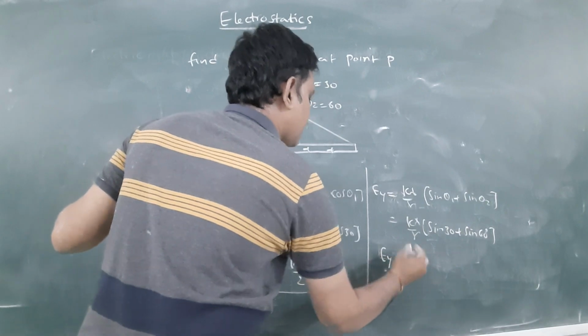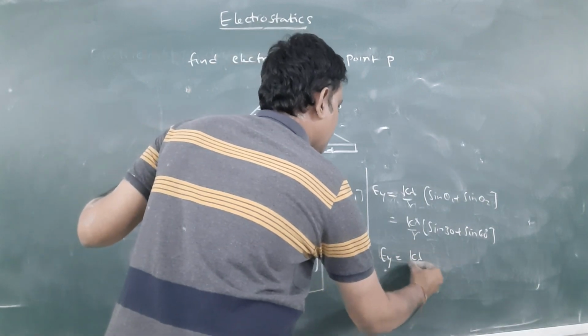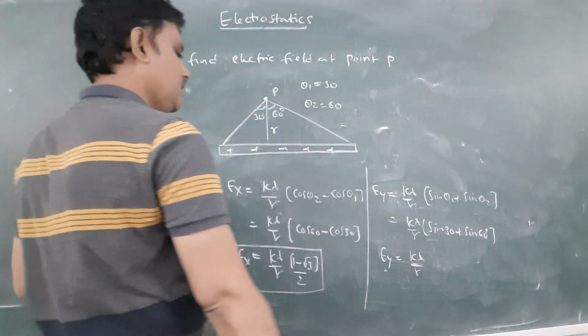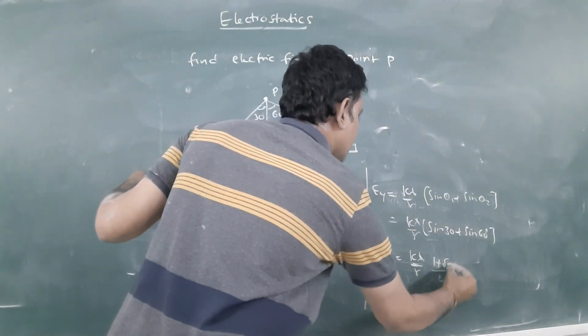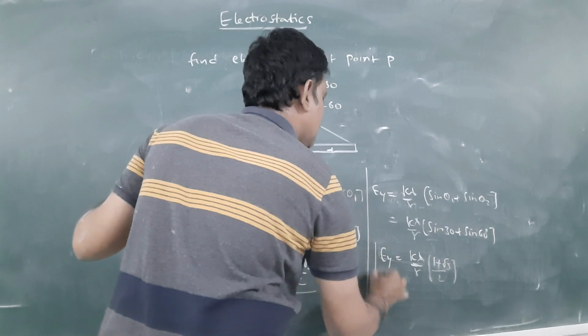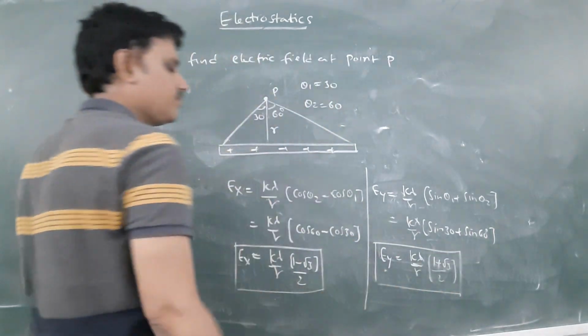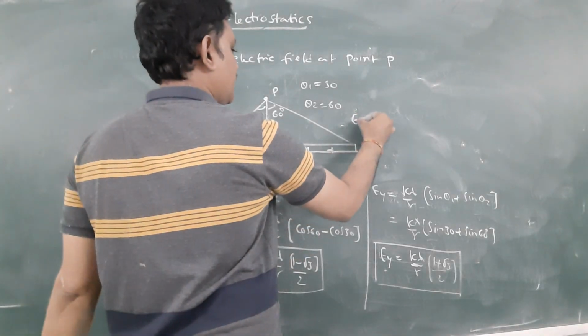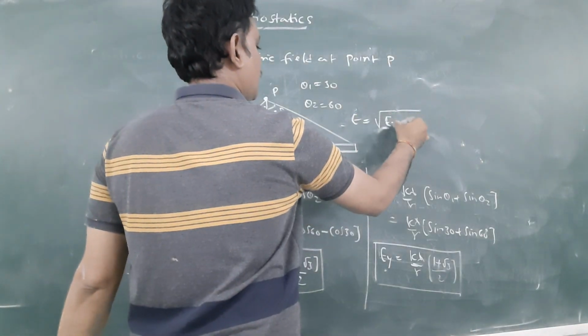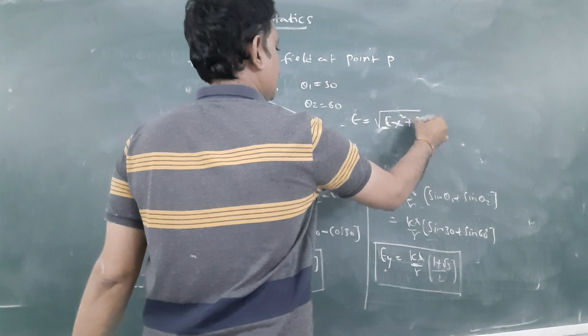So k lambda by r into sin 30, 1 by 2, plus root 3 by 2. So finally 1 plus root 3 by 2, that is Ey. Okay, so Ex and Ey we get, and finally E is equal to root of Ex square plus Ey square.